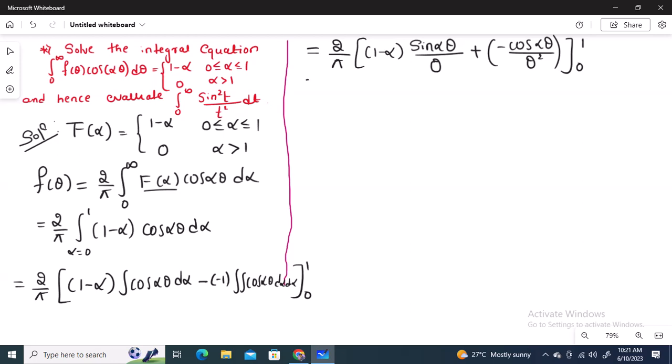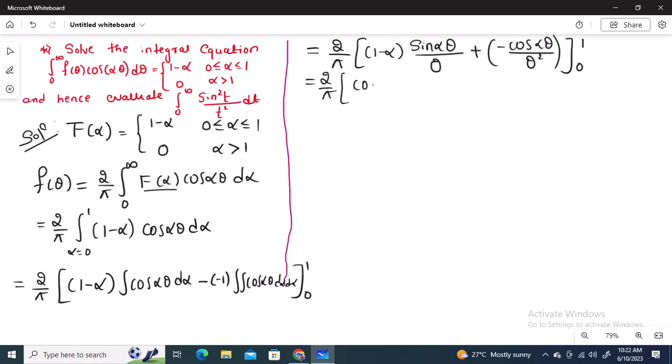If we apply the limits separately, for alpha equal to 1, 1 minus 1 is 0, so 0 into something is 0. For the lower limit alpha equal to 0, it becomes sine 0, which is 0, so 0 into something is 0. So for both the upper and lower limits, the first term is going to be 0. Easily we can tell that.